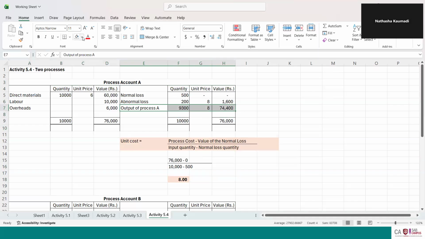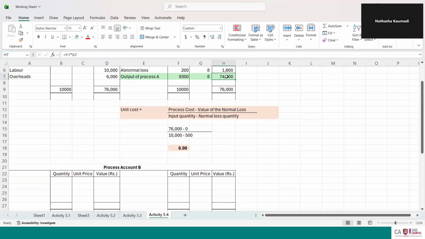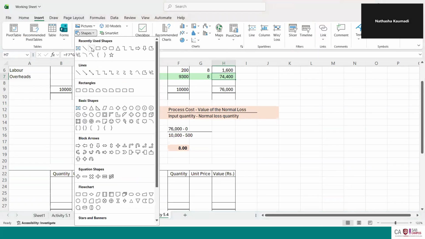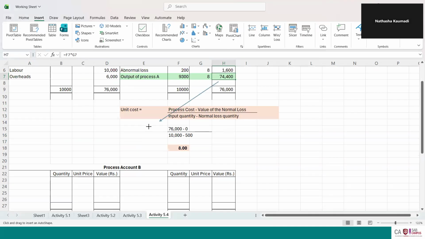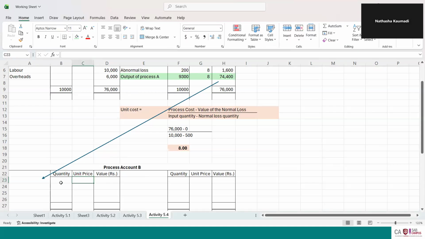This becomes what? The input of the second process. So that means this value should be recorded in process B account first, remember.